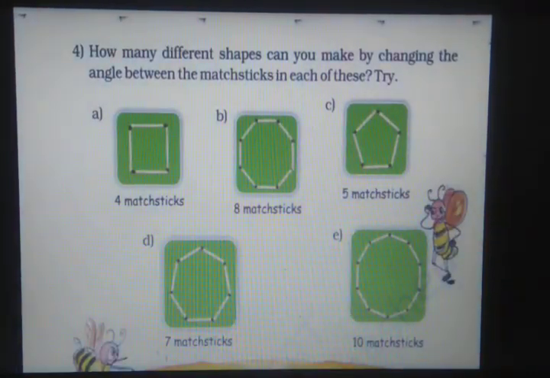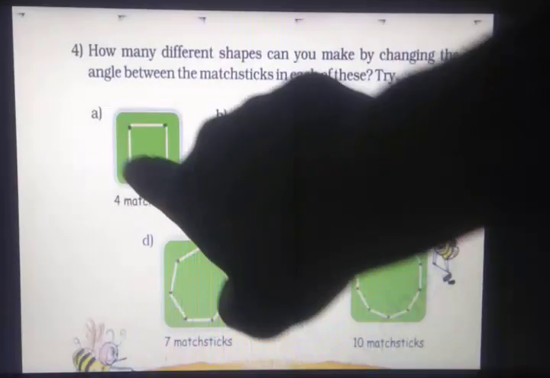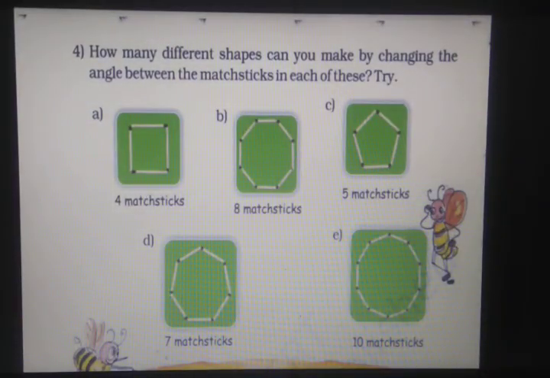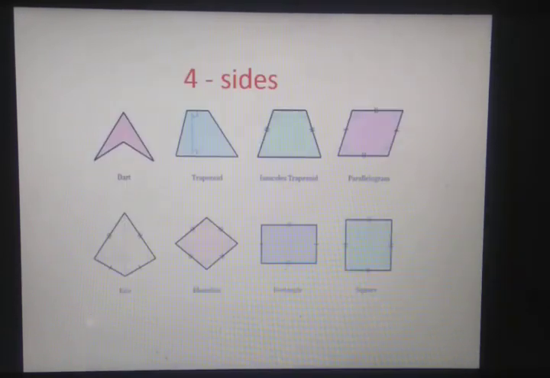Next, how many different shapes can you make by changing the angle between the matchsticks in each of these? Try. Okay, let's see how many shapes we can make by using 4 matchsticks. I will give you an example. You can see here 4 sides. So with the use of 4 sides, how many shapes can you make? Let's see.